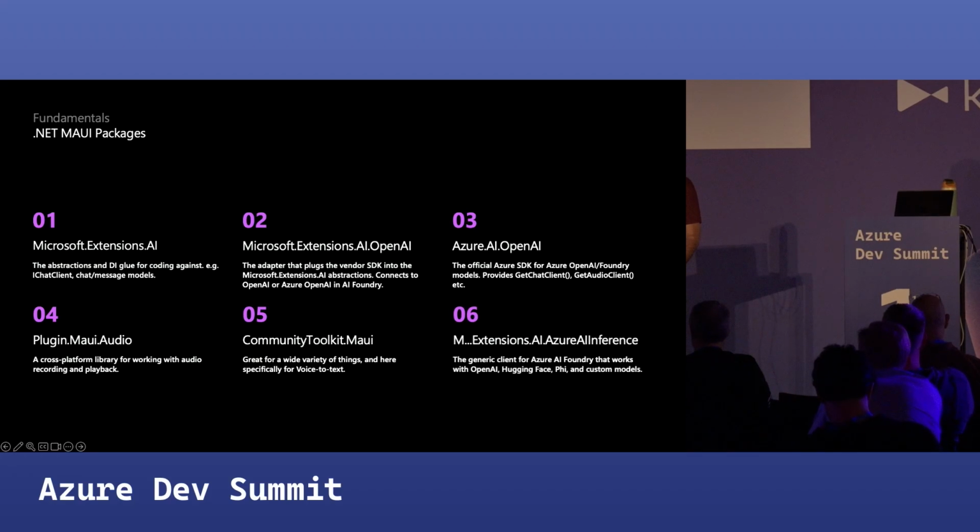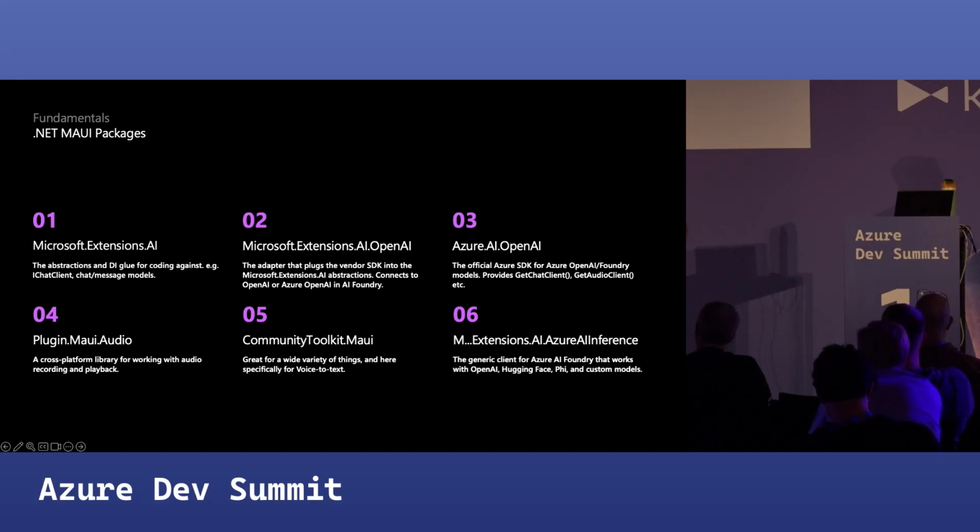And then we have the Microsoft Extensions AI Azure AI Inference. Say that 3 times fast. I'm not using it in this particular case, but I wanted to point it out because this is the more generic implementation for AI Foundry.